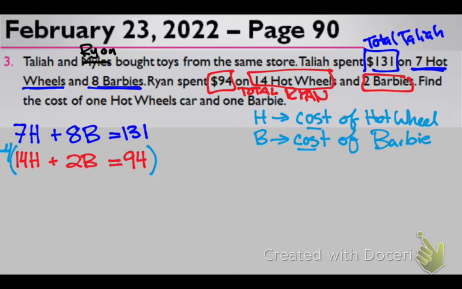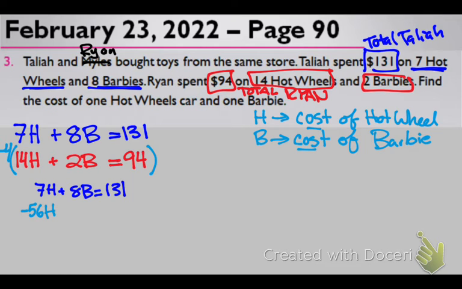So I can rewrite this as, my first one is 7h plus 8b equals 131. My second one, I have -4 times 14. What is -4 times 14? I think it'll be -56h. Is that right? Okay.